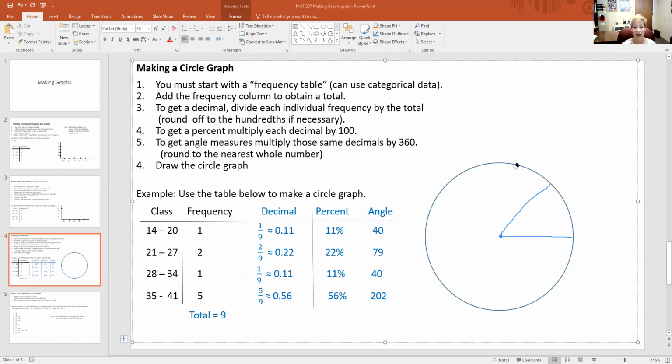I need, let's try it again. Eraser. So let's go back up here. I'm annotating. All right. Go back. I need a little bit smaller than that because I need 40, not 45. Okay, then I'm going to erase that one. So that's about 40 degrees.